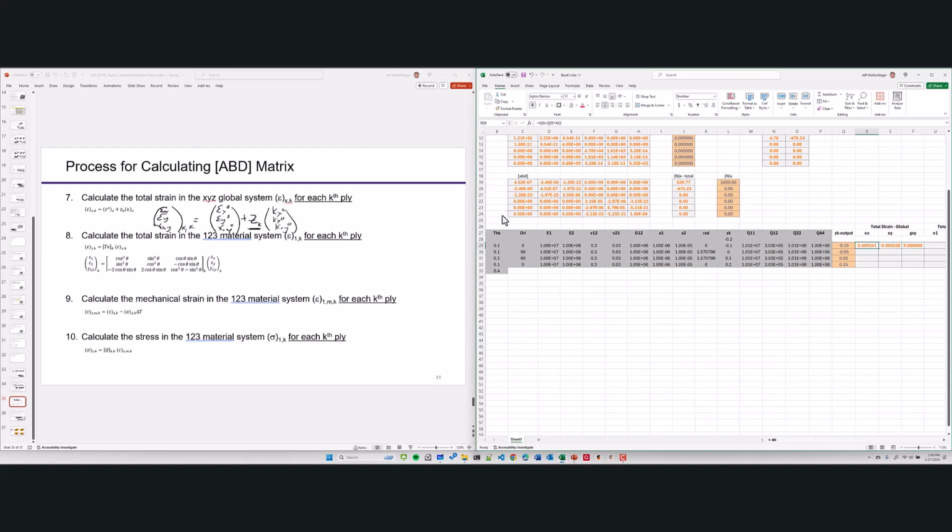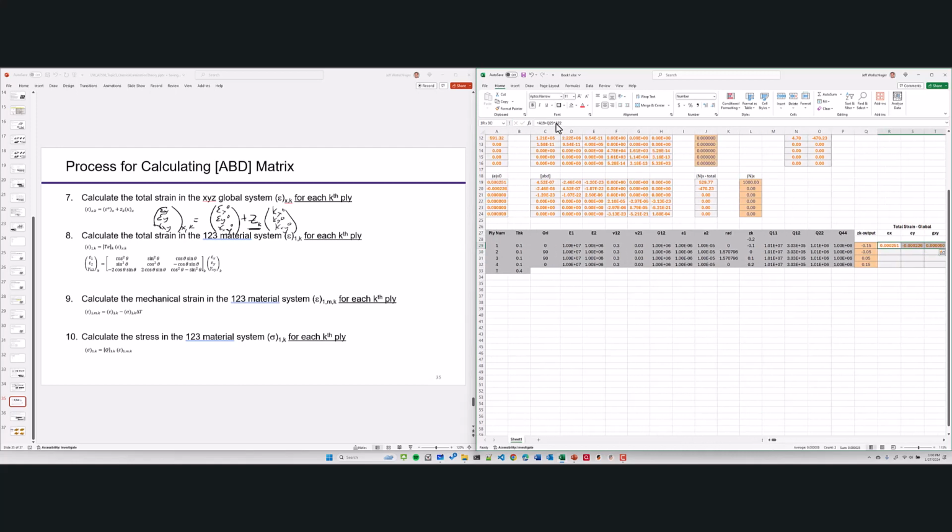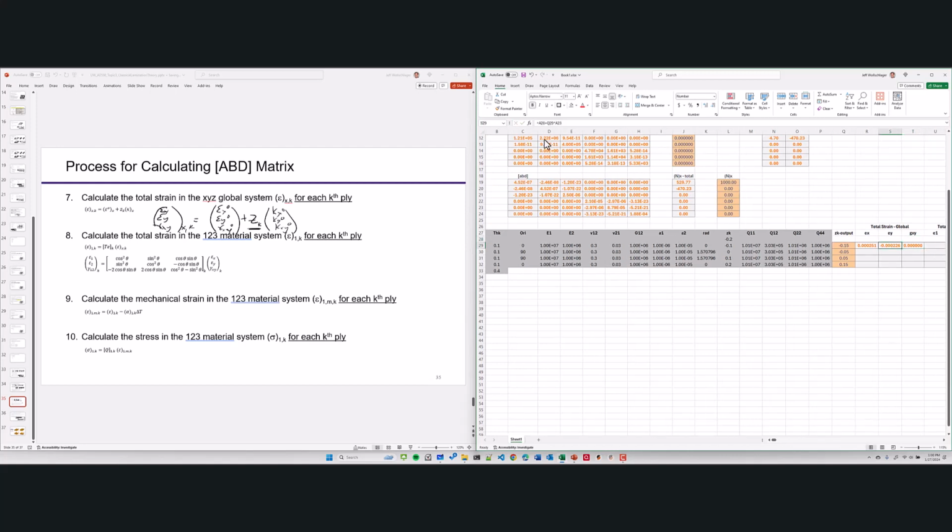Okay. Good enough. Now, if I wanted to copy that down, realize I don't want the midplane strains to go anywhere when I copy it down. So we're going to $ off the row for every equation here so that it doesn't get copied down.